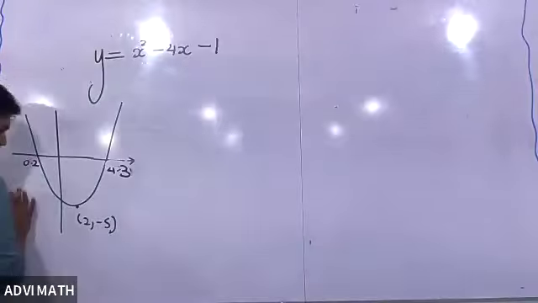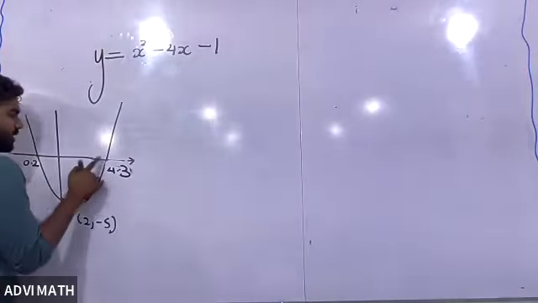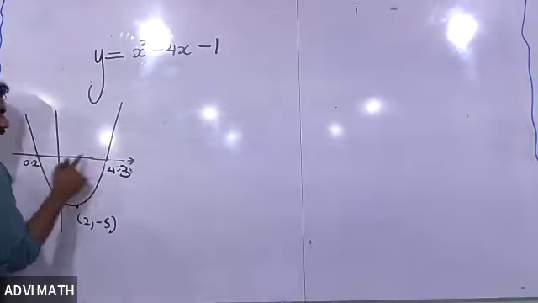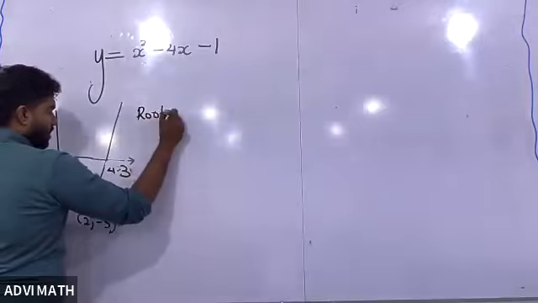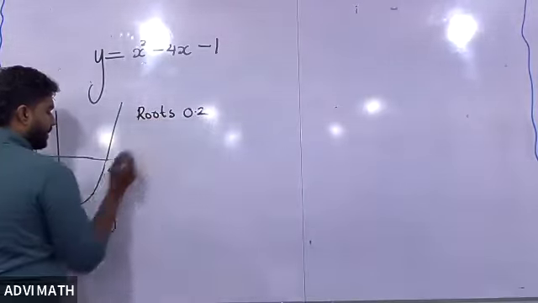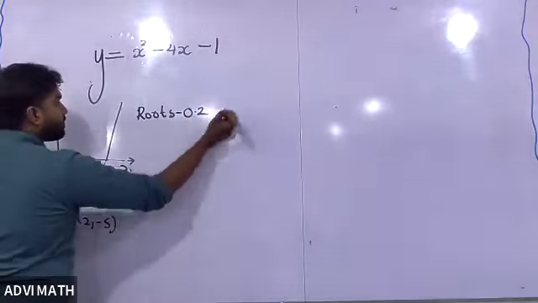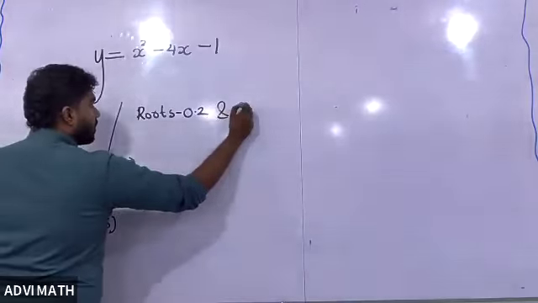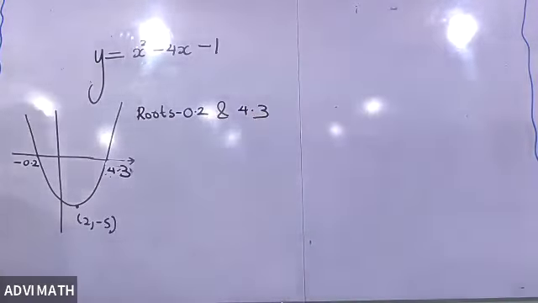Now, if I ask you what are the roots of this graph? Roots of the graph are the 2 points where the graph is cutting which axis? X axis. So, what are the values? Roots are minus 0.2 and 4.3. Comma and then two values.